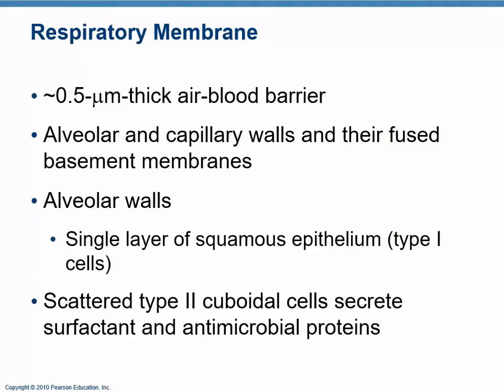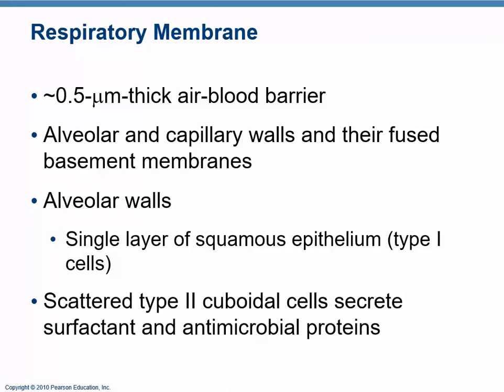The walls of the alveoli and the walls of the capillary in contact with the alveoli are what the gases actually have to diffuse through. So we call this the respiratory membrane. It's very, very thin. The thinner the better.